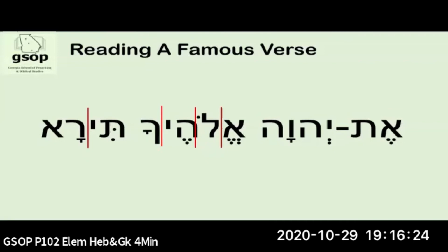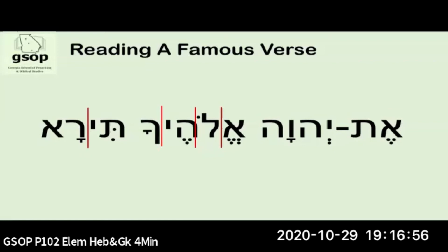The aleph with this short reduced vowel of the segol, and then the next syllable is the lo, and then the next syllable is the he, a hey with a segol yod, and then the final kaf with the kamets under it, so it's ka.